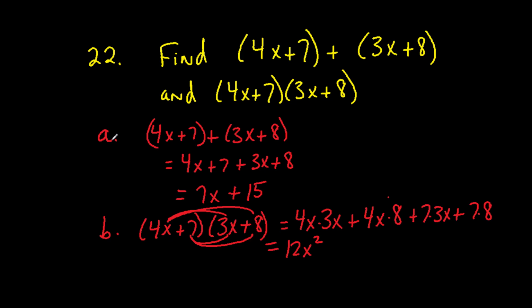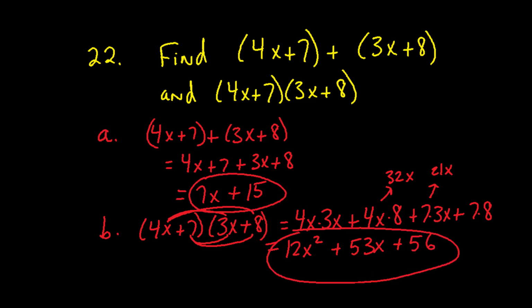This one here would be 32x, and this will be 21x. So we will want to add those together for our middle term of our final answer, which will be 53x. And then the last term is 7 times 8, which is 56. So those are our two answers.